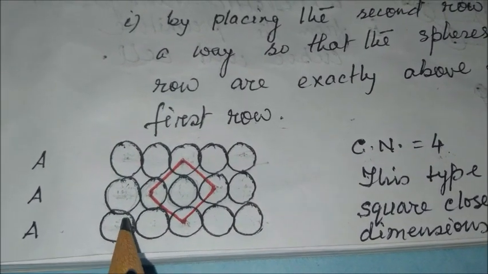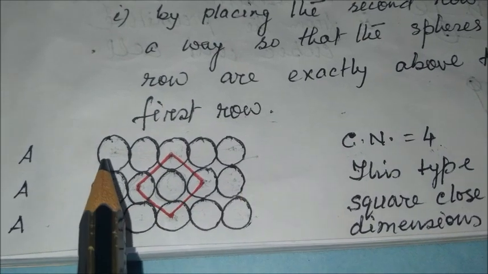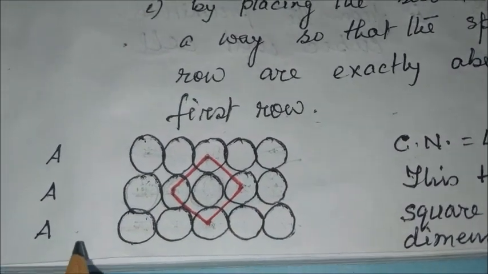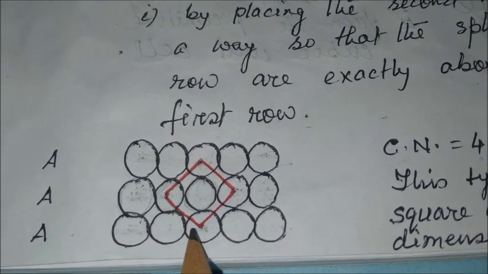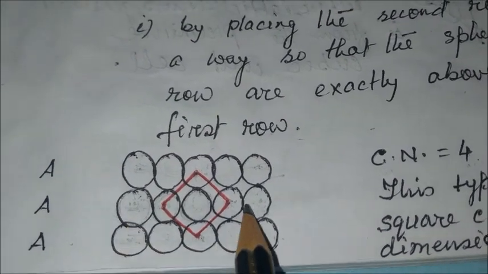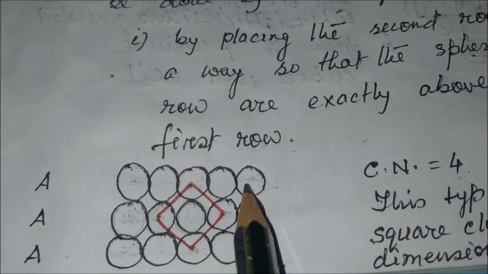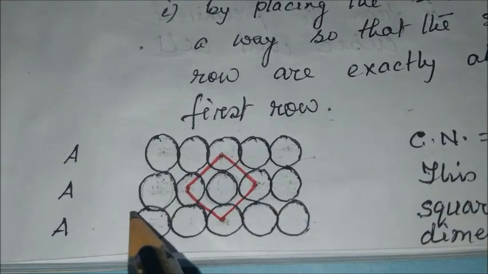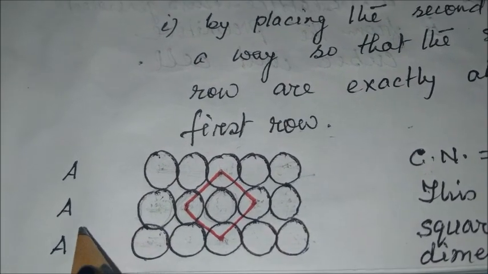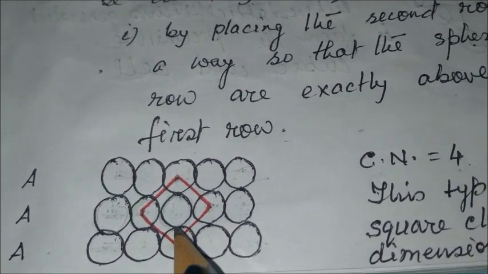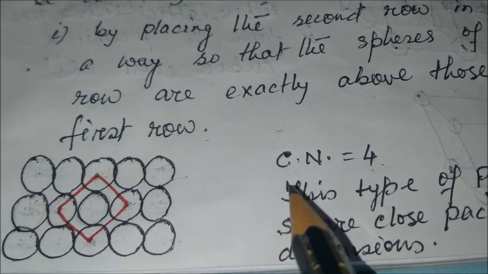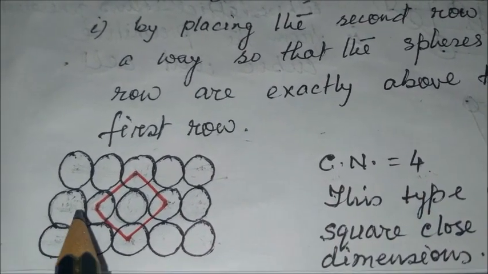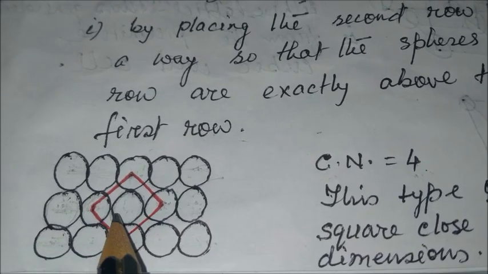Here, since all the rows have the similar arrangement, suppose this one is row A, then it is also row A. Next one is row A, and the others are also row A. Therefore the arrangement will be AAA type arrangement, and in this case the coordination number is 4. For this consider this sphere.